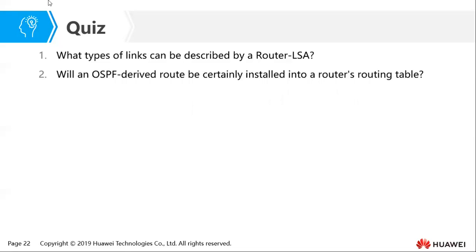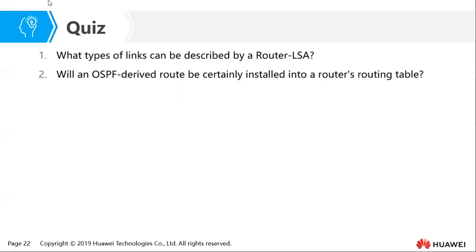What types of links can be described by Router-LSA? I know it's a lot of information, and I'm still trying to catch up on the previous one.